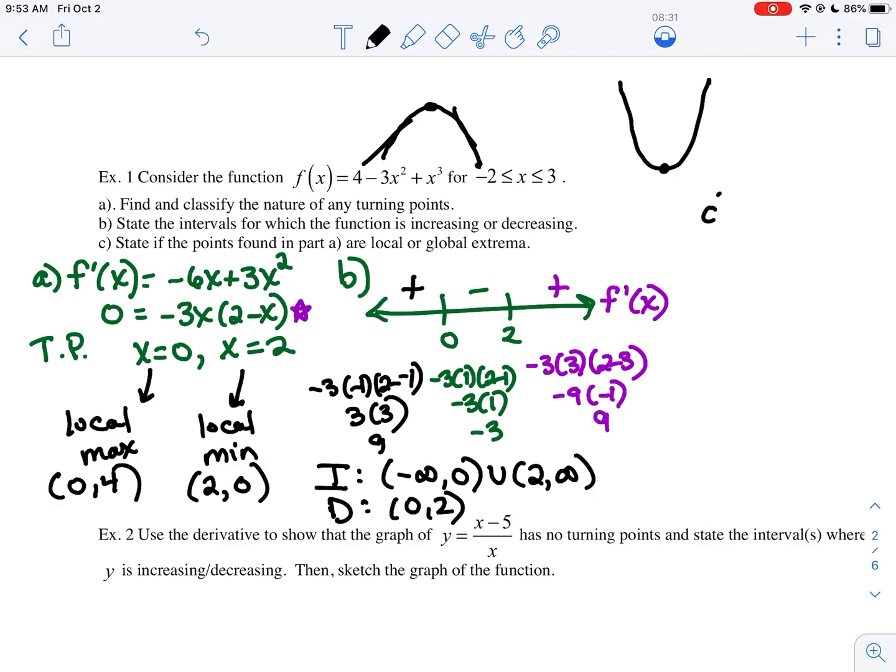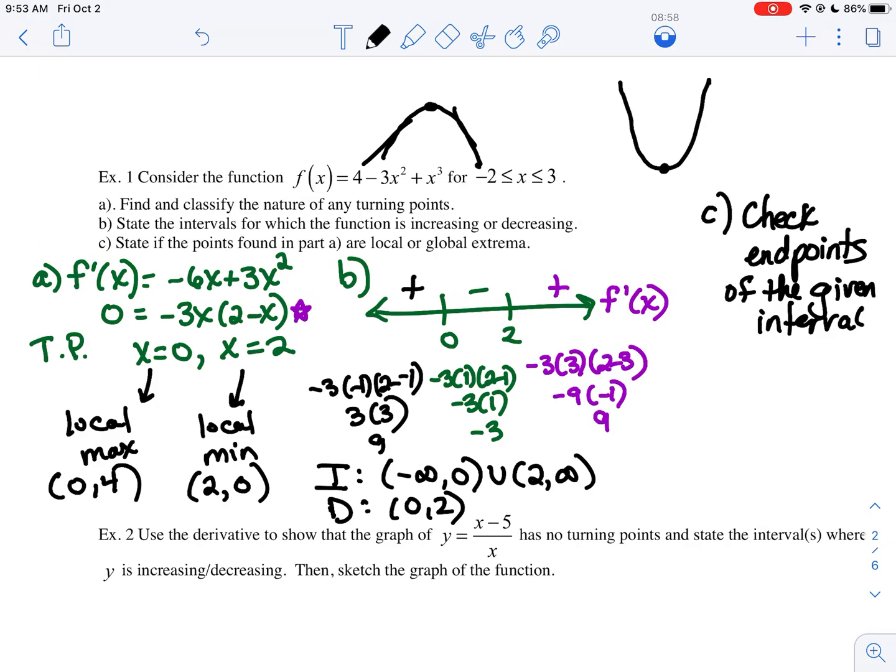All right, then part C says state if the points found in part A are local or global extrema. Extrema is the plural for maximum and minimums, okay, as a combination. So here's what you have to do. You have to check your endpoints. Check the endpoints of the given interval.